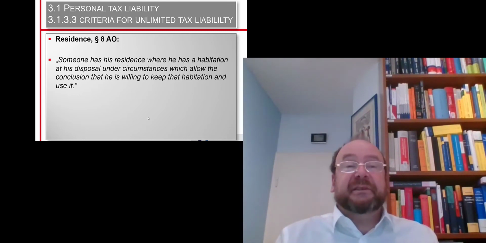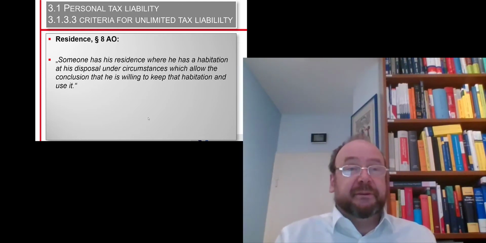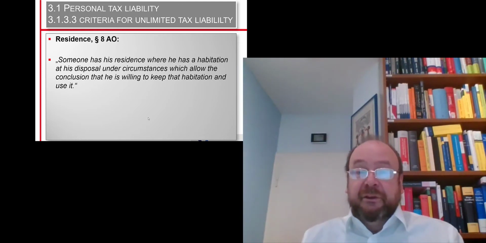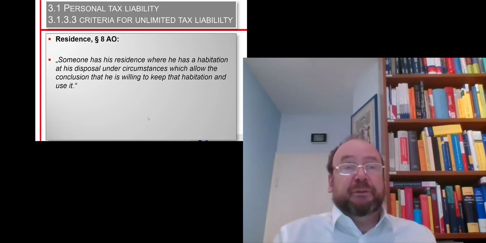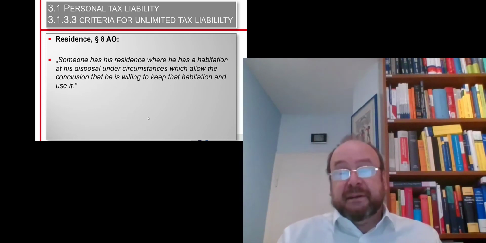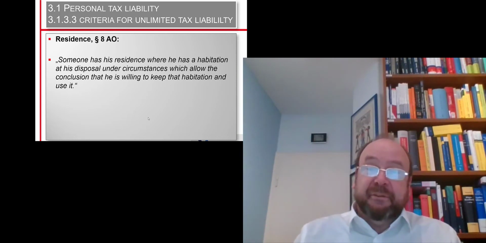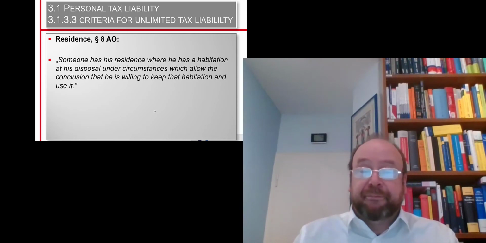Yes, you rented a room. The intention was to keep it for more than 6 months, so for a longer while. Nobody could foresee that you would die in the afternoon. So you had established a residence, so when you died, you were subjected to unlimited tax liability. You had a residence and wanted to keep it.